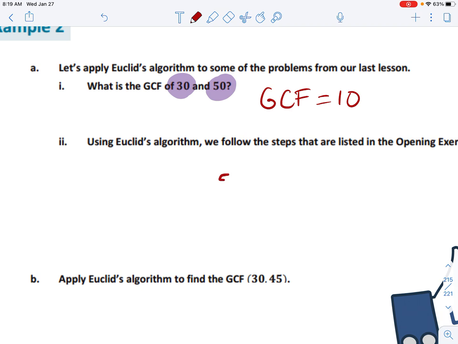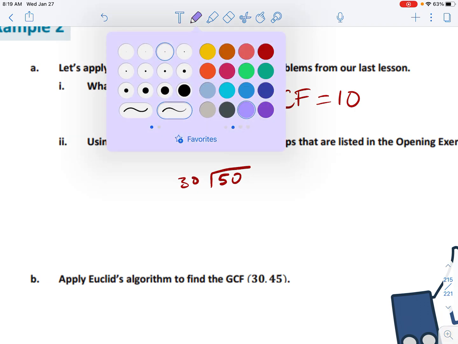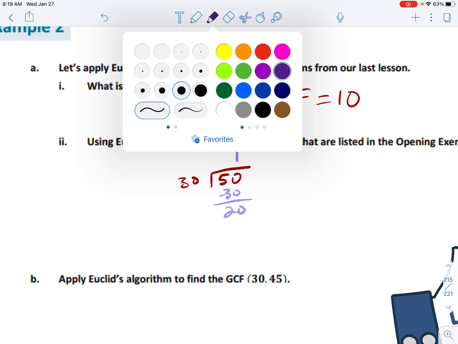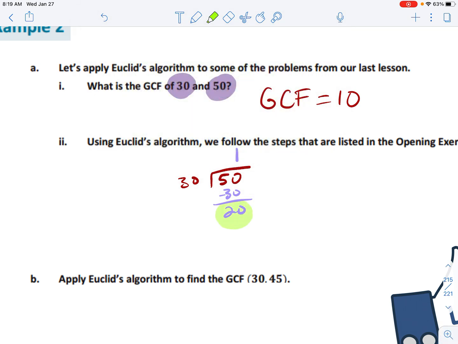The first step is to divide the bigger number by the smaller number. This is one time, and we get a remainder of 20. If you have a remainder, divide the remainder into the divisor. So we have 30 divided by 20. This is once, and I have a remainder of 10.